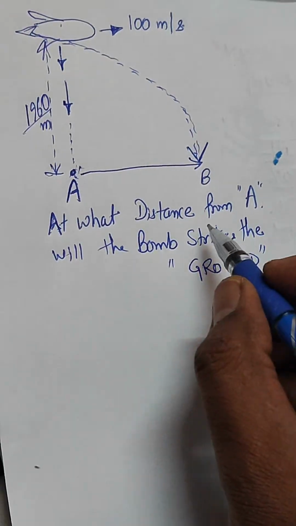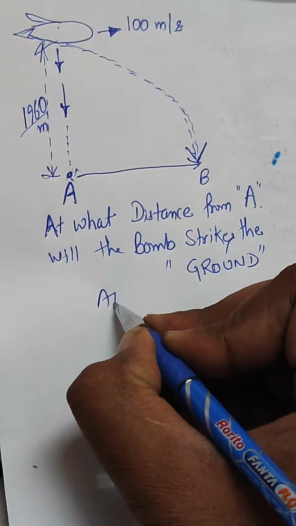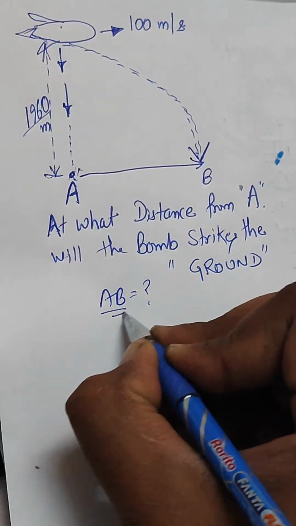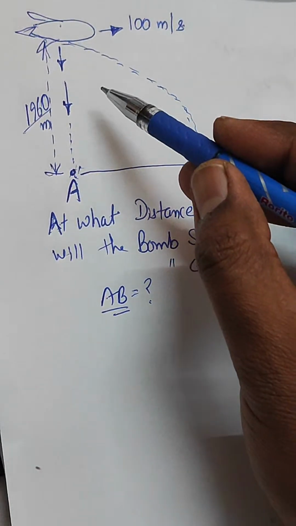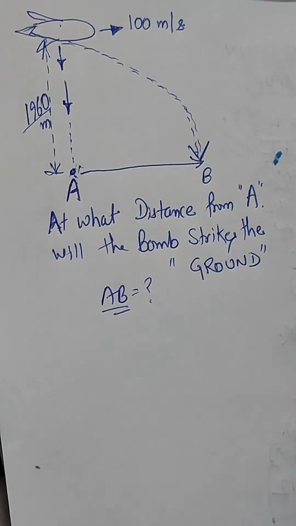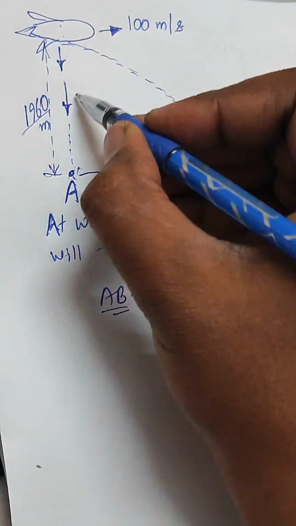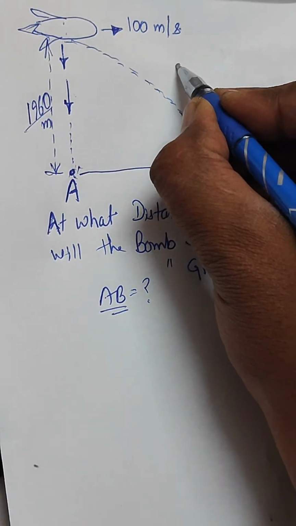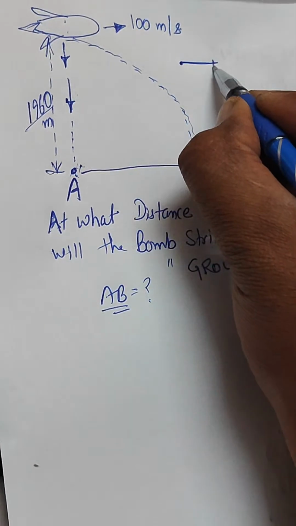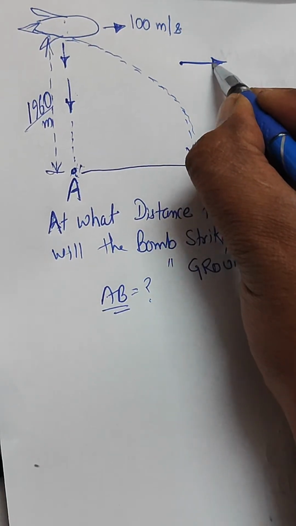Good morning. So we need to find the distance AB. My dear friend, let us consider the motion of the bomb in the horizontal and vertical directions separately. If the bomb is released from this point, let me draw a figure like this. The bomb will attain the velocity of the aeroplane.